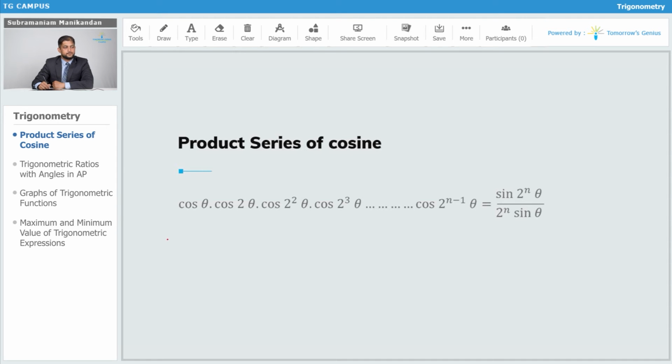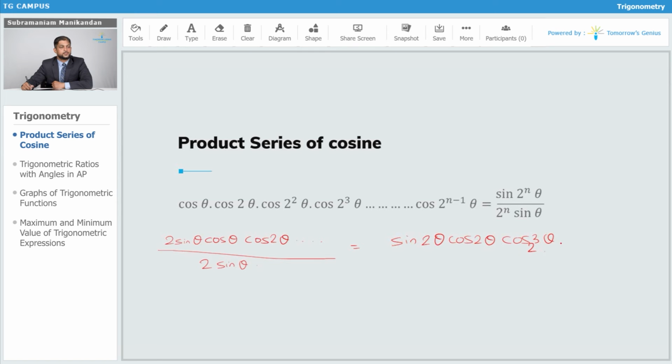So we get 2 sine theta cos theta cos 2 theta and so on divided by 2 sine theta, which is equal to sine 2 theta cos 2 theta cos 2 square theta cos 2 cube theta and so on divided by 2 sine theta.